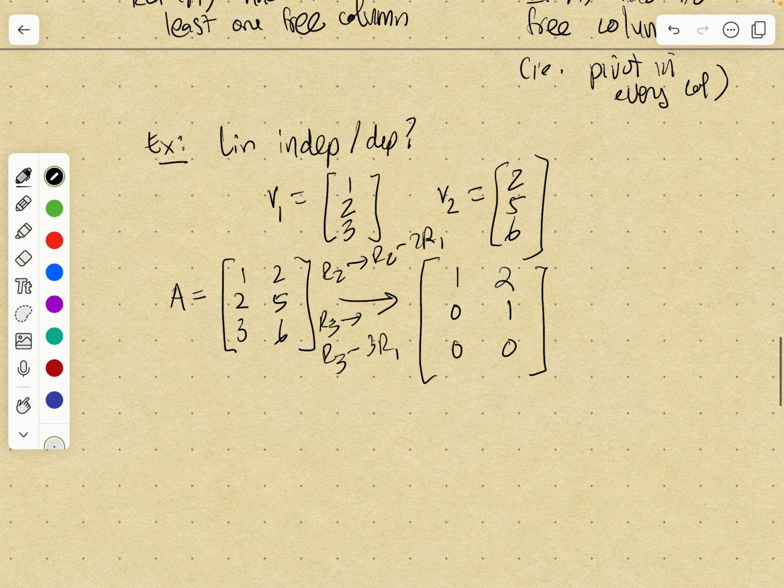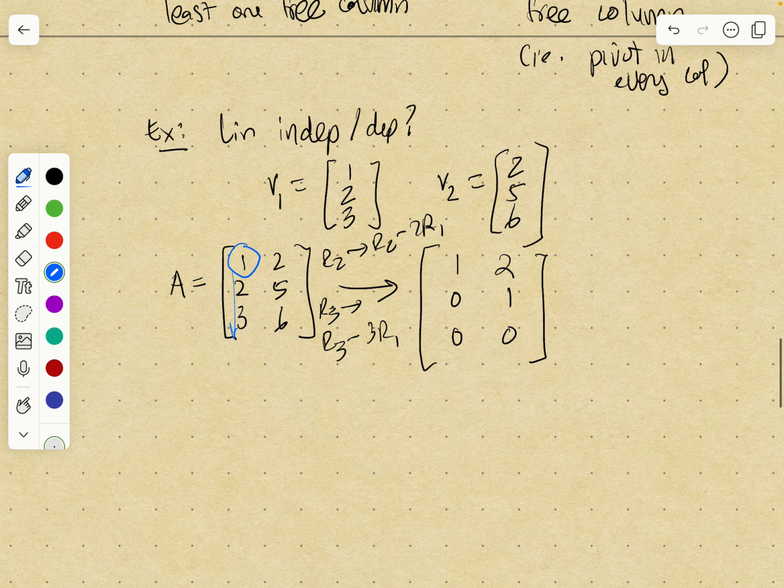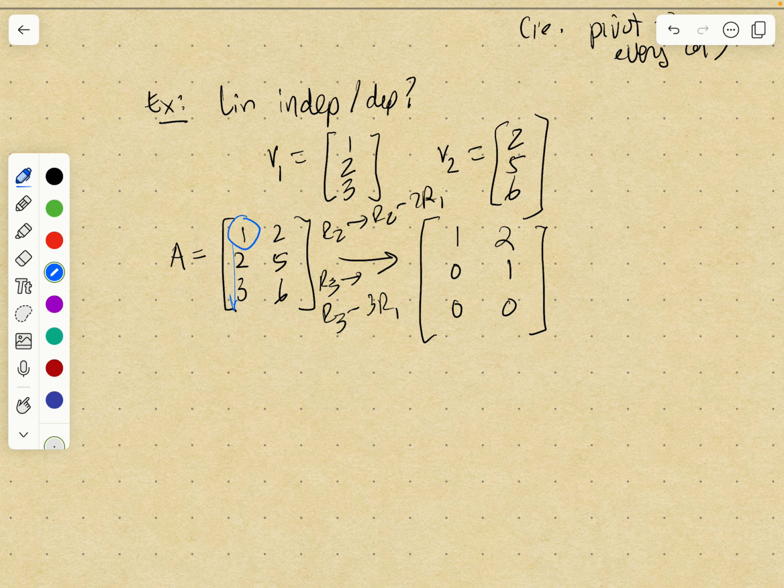Okay, hopefully at this point we're okay on how to do the row reduction. Remember, you just take the first number on the top left and you use that to make all the numbers below it equal to 0, right? So this is an echelon form of A.